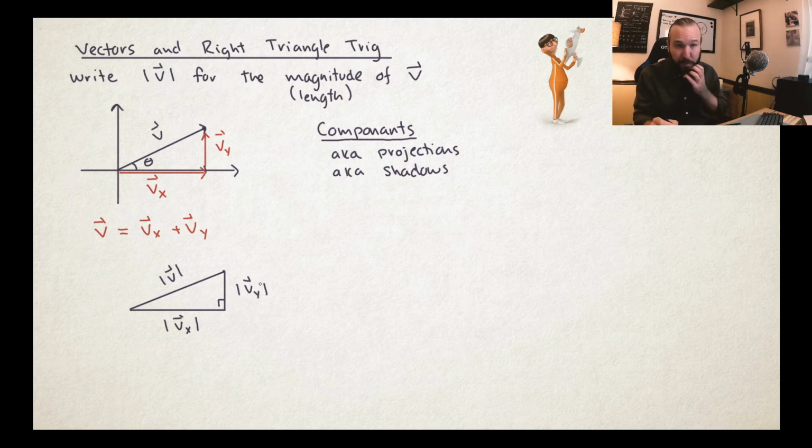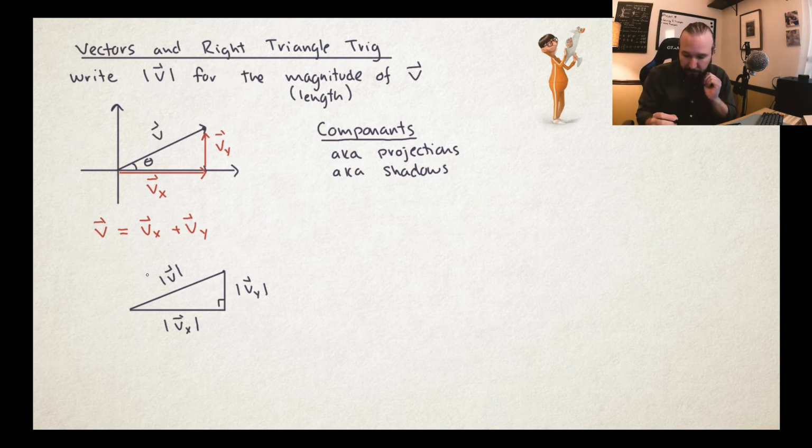So the difference between this second picture and the first picture that I've drawn is, in the first picture, this letter v represents that arrow. When I put these absolute value bars around it, it just represents the length of the arrow. So now these are no longer vectors, these are now scalars, just how long that line is.